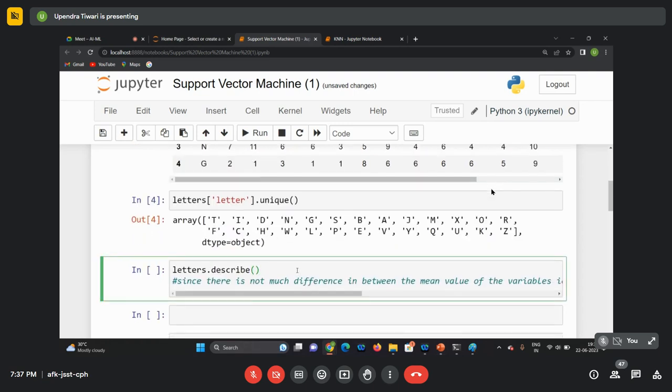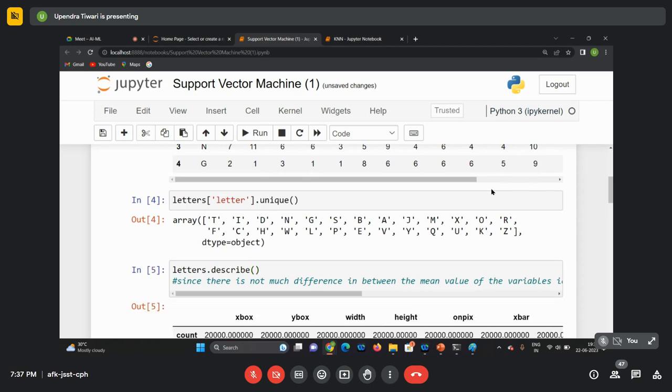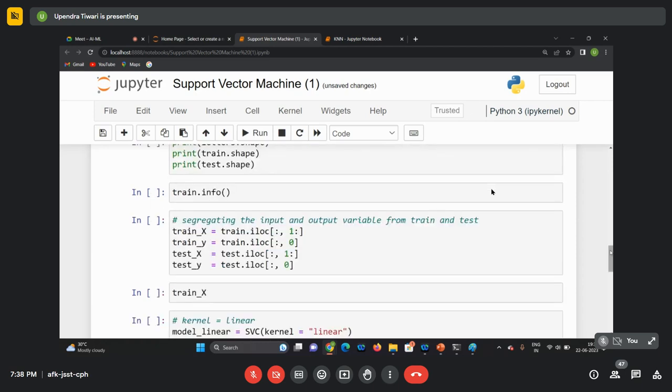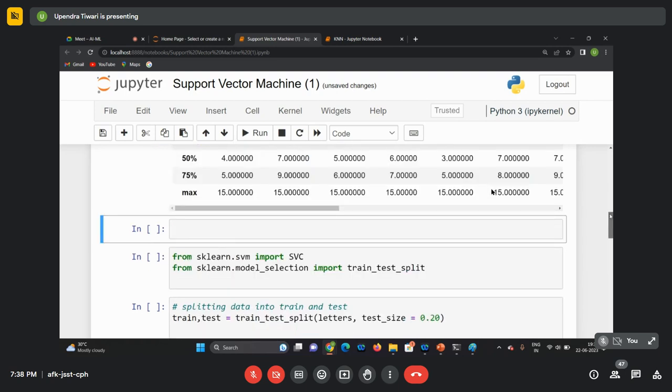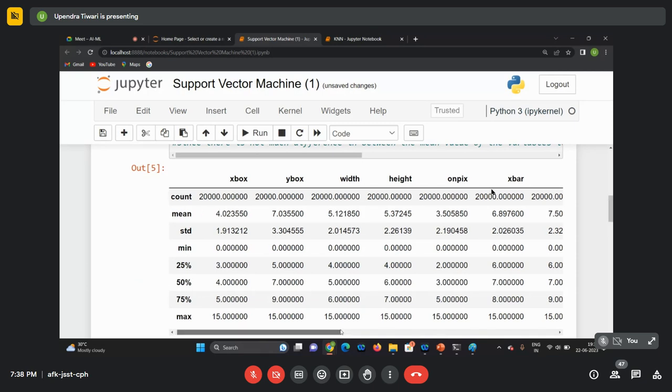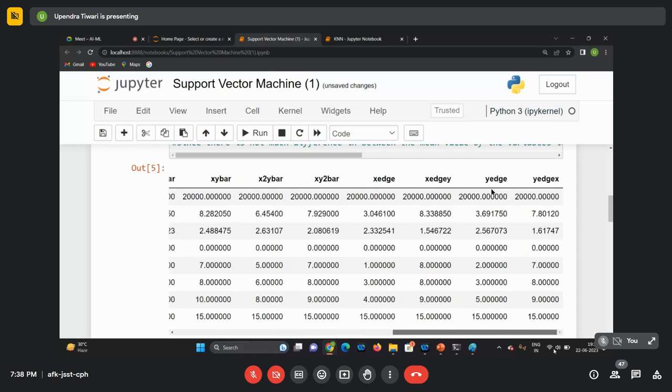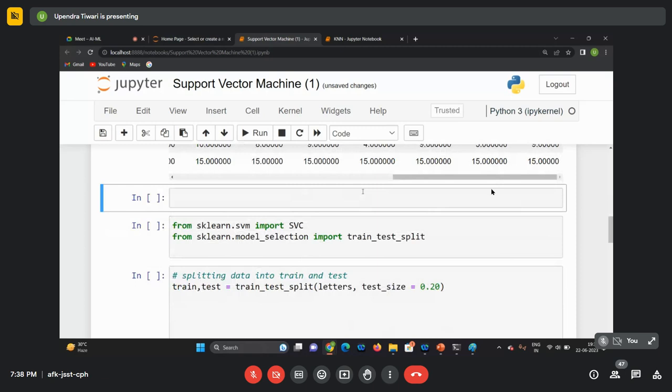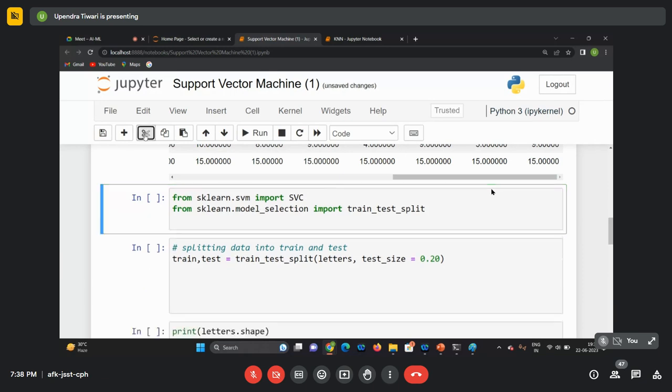Let me find out the describe function. So I think normalization is not needed here because there's not much difference in the mean values of the data. Now, let's build this model.